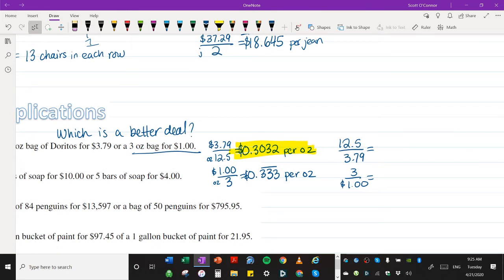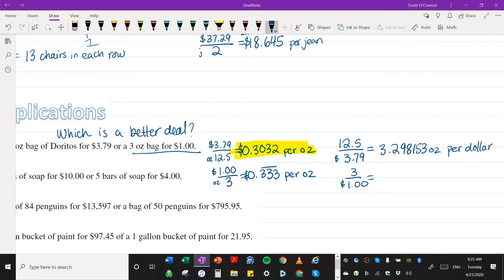If I do 12.5 divided by 3.79, well, you see now dollars has been reduced to 1. And so what I'd be finding here is how many ounces I'm getting per dollar. So for this one I get 3.298153, we'll stop there, ounces per dollar.